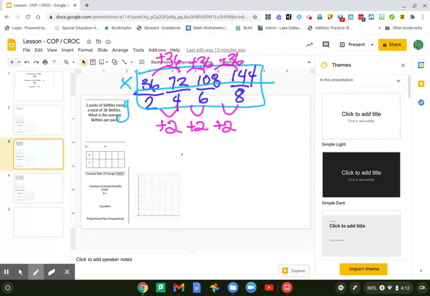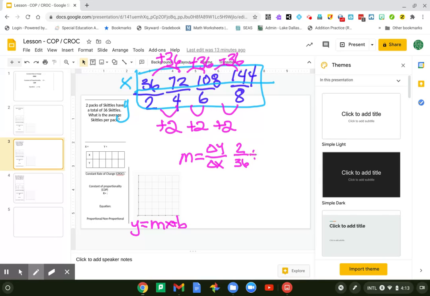So let's figure out what M equals. Remember what I said, M is the change in Y over the change in X. And the reason why we're looking for M is because the equation is Y equals MX plus B. And you're trying to figure out, okay, what numbers go in there? So we're finding the change in Y, which is 2, and the change in X, which is 36.